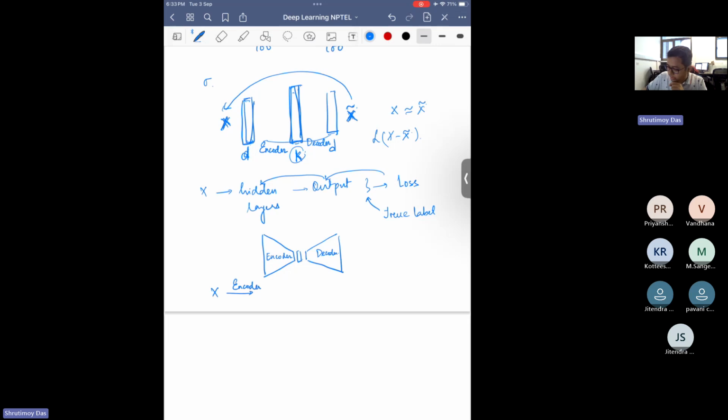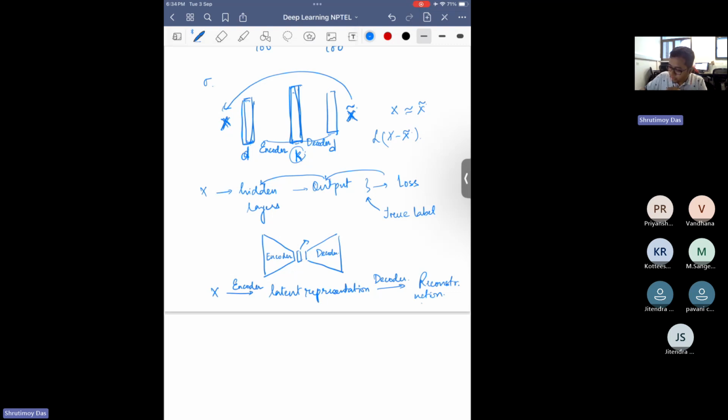So basically the forward propagation involves, given an x, you pass it to the encoder to get some latent representation. This hidden representation is also called the latent representation. Then you pass it through the decoder and you get back the reconstruction. Based on the loss between the input and the reconstruction, you update your weights.